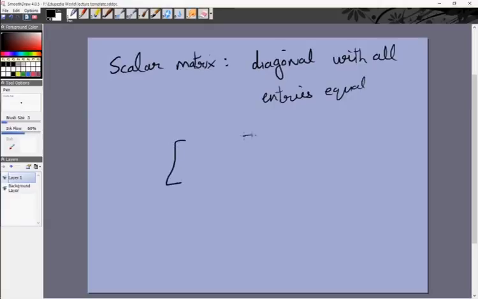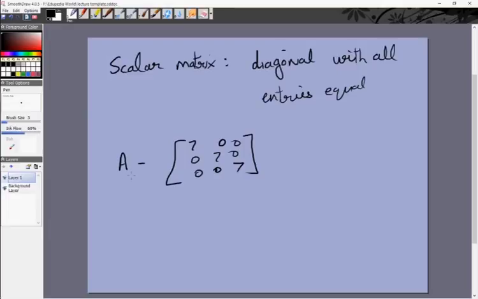So let's say a matrix like 7, 0, 0, 0, 7, 0, 0, 0, 7. Not only is it a diagonal matrix, but all the entries on the diagonal are equal. They have a value of 7. So we'll say this matrix, let's say capital A, is a scalar matrix that has a value 7.